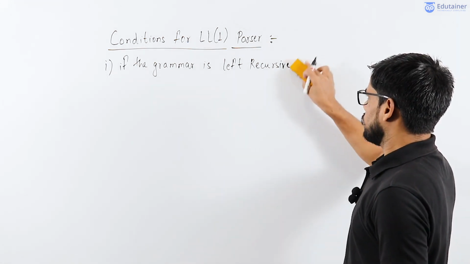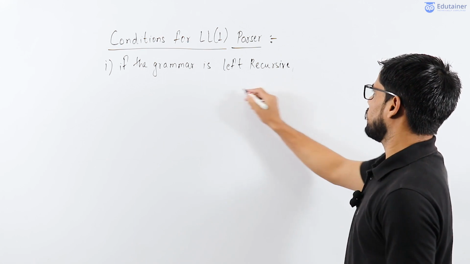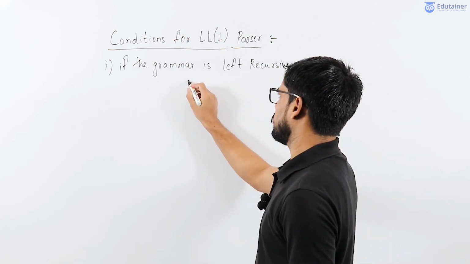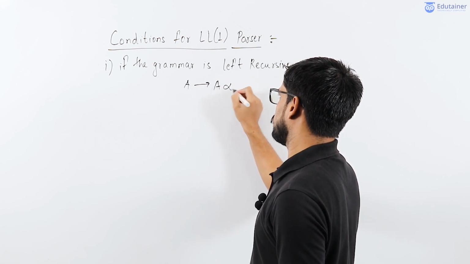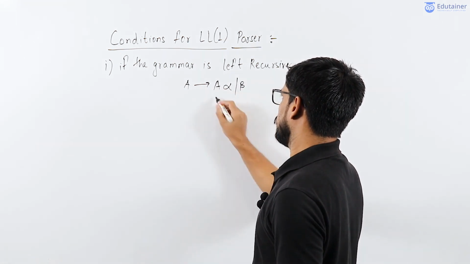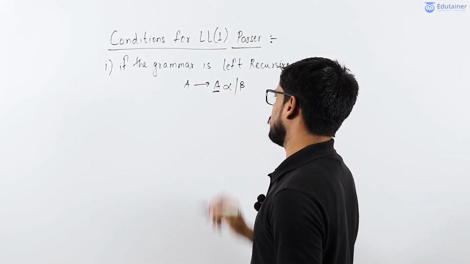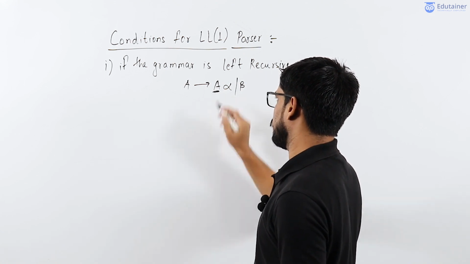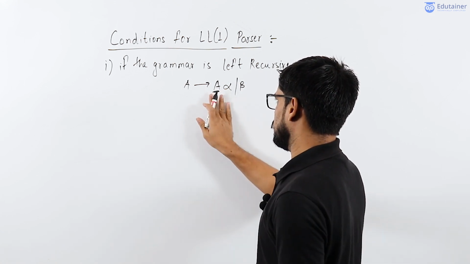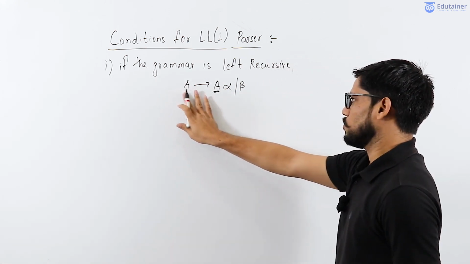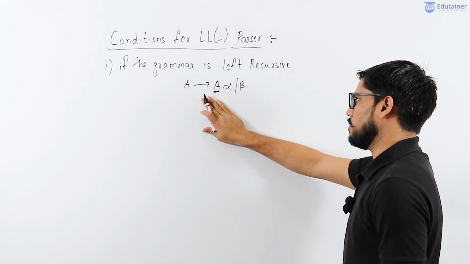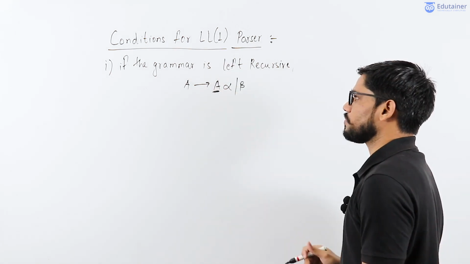Left recursive grammar means the grammar looks like this: A derives A alpha or beta. Here in the right hand side, the leftmost variable is A, and in the left hand side the variable is also A. So this type of grammar is not allowed in an LL1 parsing table.